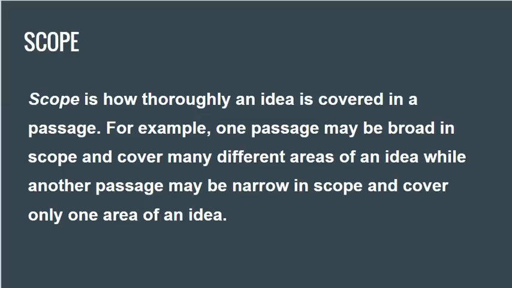Then you could have somebody who may be more narrow in scope and talk about just one store in the mall or one kiosk in the mall. That would be a much more narrow scope and cover only one area of an idea. So it can be broad or it can be narrow. Please pause the video now, read the definition, and paraphrase or summarize in your own language.